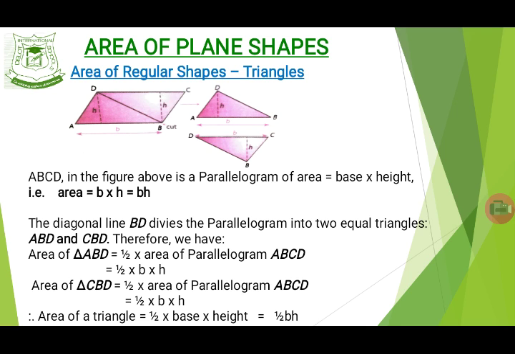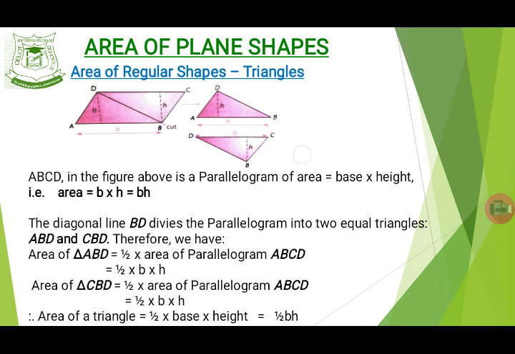The height times the base, which you can see as B times H. Now you see that the parallelogram was cut in the middle diagonally from D to B, or from B to D, whichever way you want to look at it. It was cut by a straight line from D to B. Now the diagonal line BD divides the parallelogram into two equal triangles.